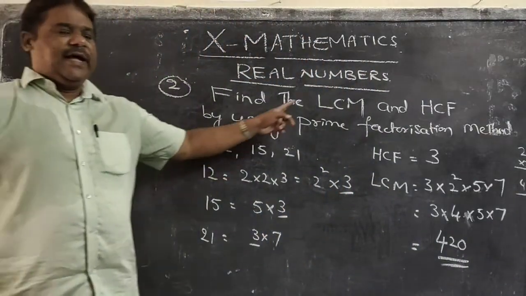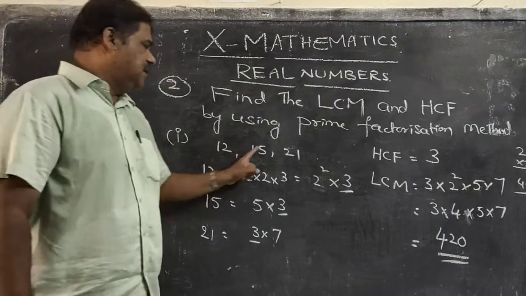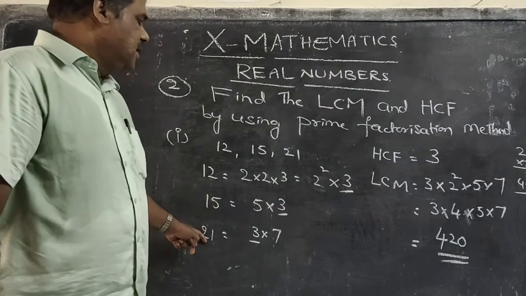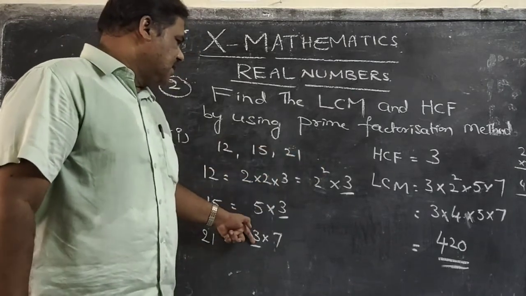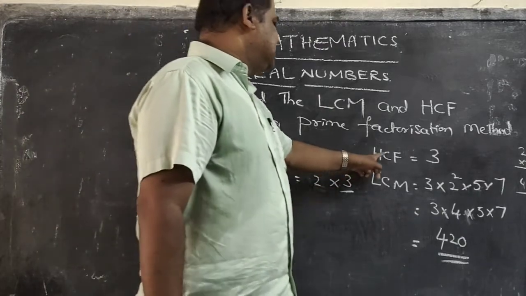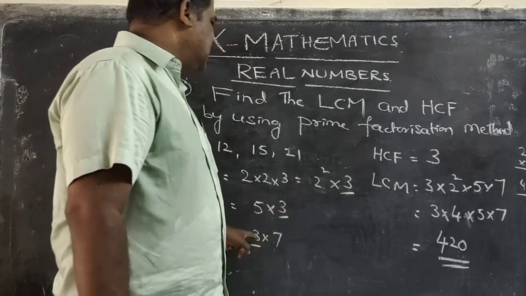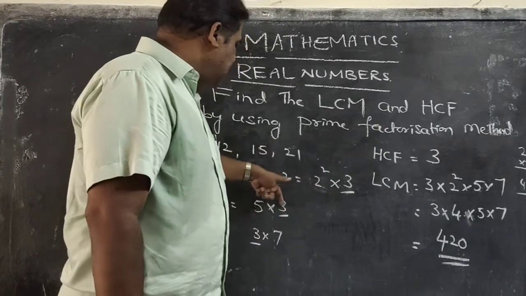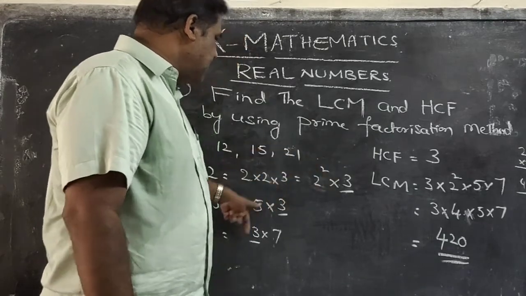So to find LCM and HCF of the numbers by prime factorization method, first you write the prime factors of the given numbers. Next step is underline the common factors. Next, HCF, highest common factor, means the common factor with less power you have to take. Here 3 is the common one. Of course here all are having same power.